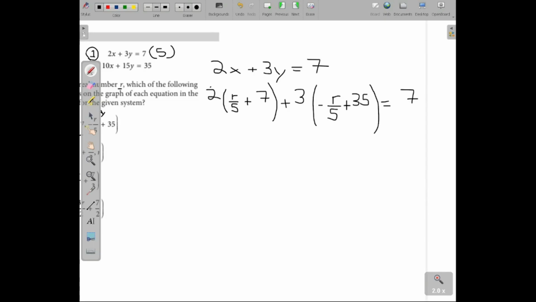Now let's multiply 2 times r divided by 5 and 2 times 7. This will be 2 divided by 5 times r plus 2 times 7 is 14.